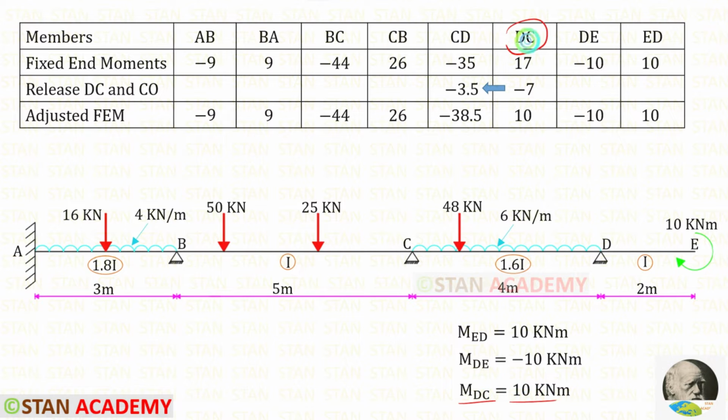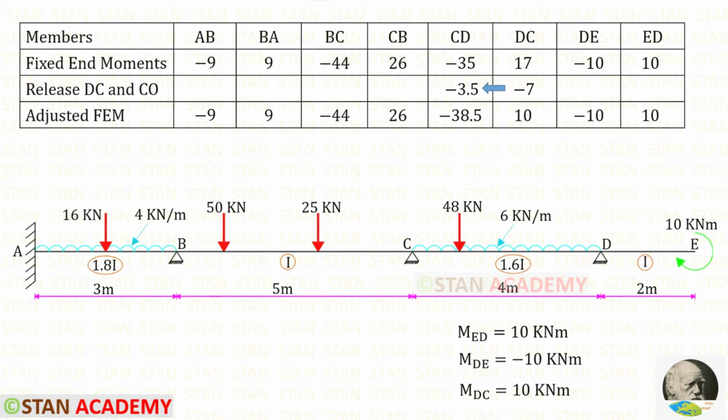So we have to make DC 10. For DC, the fixed end moment is 17. When we add minus 7 with 17, we will get 10. From DC, we have to give carry over to CD. Minus 7 by 2, we will get minus 3.5.